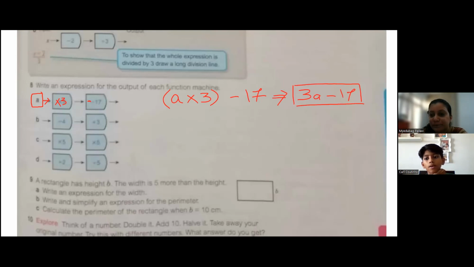For the next one, the variable is b. So what is happening? Just check from your book. Is it divided by 4 or minus 4? I think it will be minus 4.